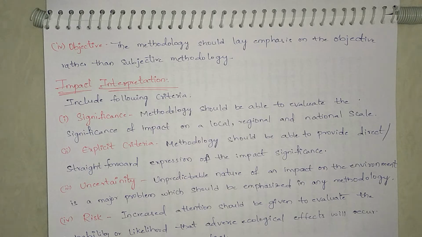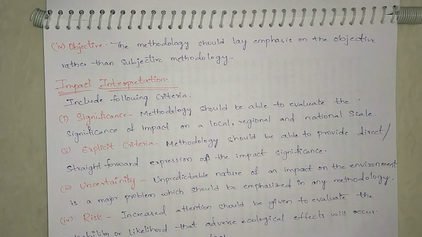While doing a project, for example a highway project, subjectively, that means without any practical calculation, you would just estimate that if you build the highway, this land will be affected, the air will be affected, we'll get so much noise, and the vehicles should be rerouted to some other route. So you just estimate it without doing any calculations and without taking any data from external sources. That is what subjective means.